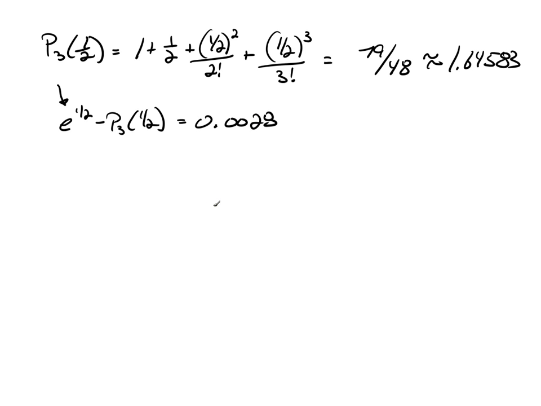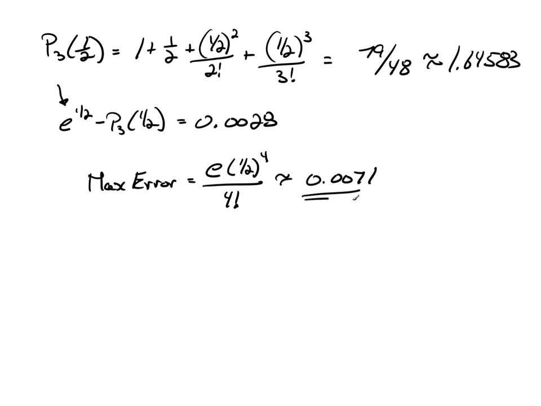Now this maximum error I'm talking about, I'm claiming is e to the 1st times 1/2 to the 4th over 4 factorial, which is approximately 0.0071. And notice that this calculated maximum error is actually bigger than the actual error when I actually calculate this thing.